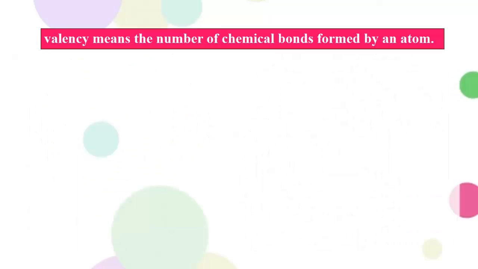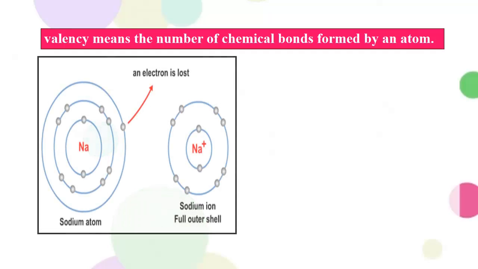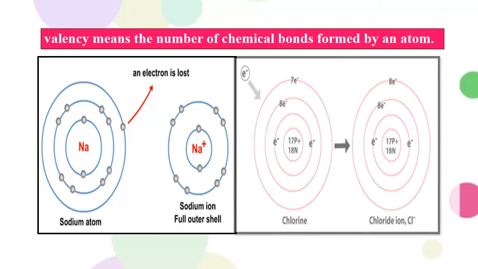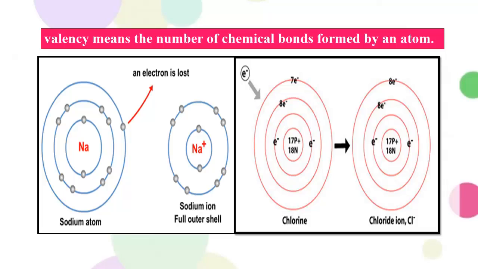Now that means valency means the number of chemical bonds formed by an atom. Now how? For example, sodium. It has 11 electrons, and if you see the configuration 2, 8 and 1, it is very easy for sodium to lose 1 electron. When 1 electron is lost, naturally 1 negative charge is less.